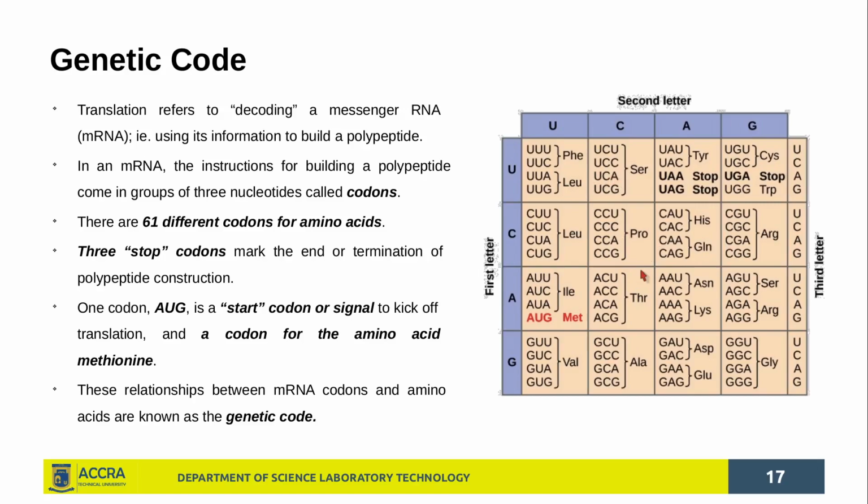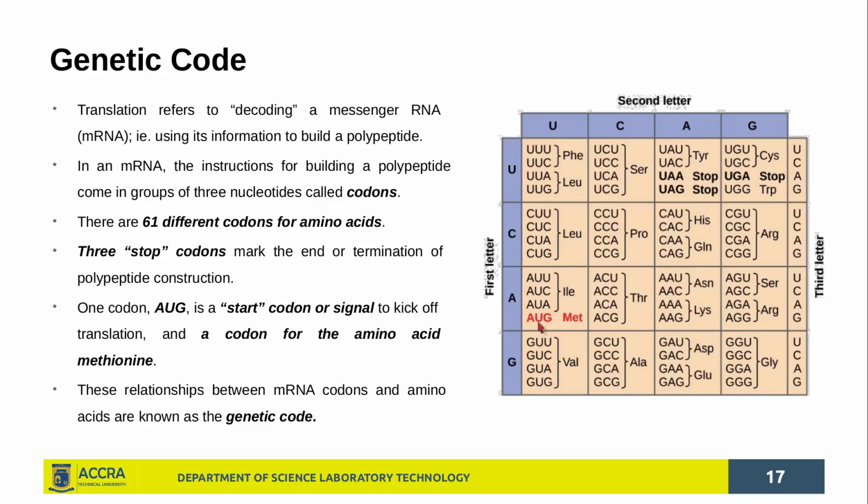Proline, threonine, valine, alanine. This is asparagine. This is aspartic acid. This is glutamic acid. This is glutamine. This is histidine. This is tyrosine. So you see serine, arginine, all of these triplets are corresponding to an amino acid.